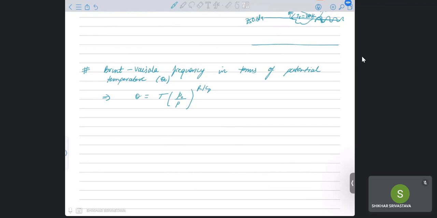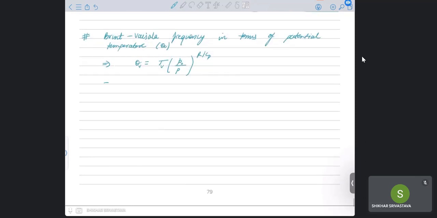Since here we have moisture in it, we'll replace everything with virtual temperature, TV. Now we just take log on both sides, so it will become log of theta V is equal to log of TV plus R by Cp log of P naught minus R by Cp log of P.